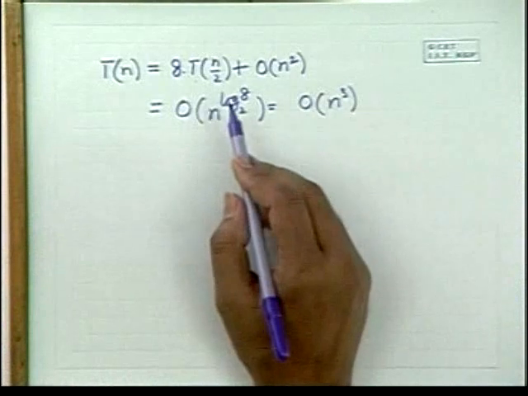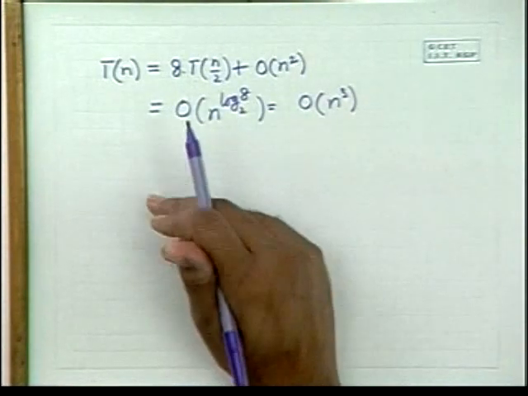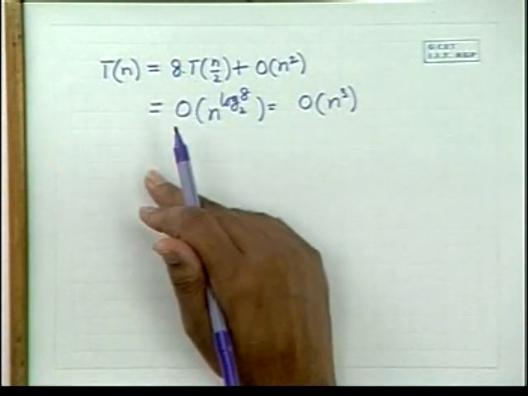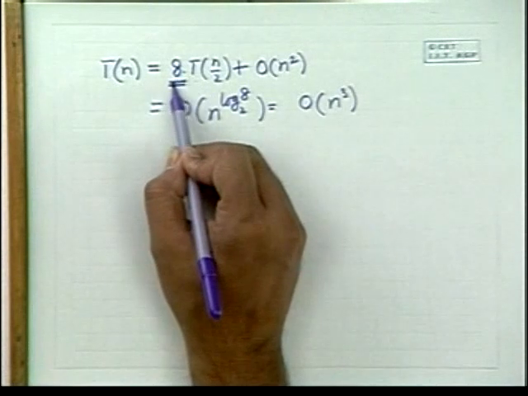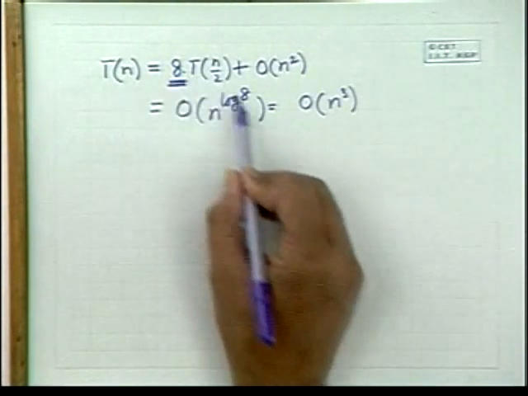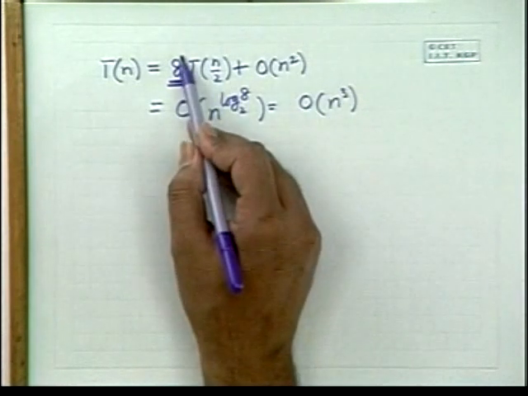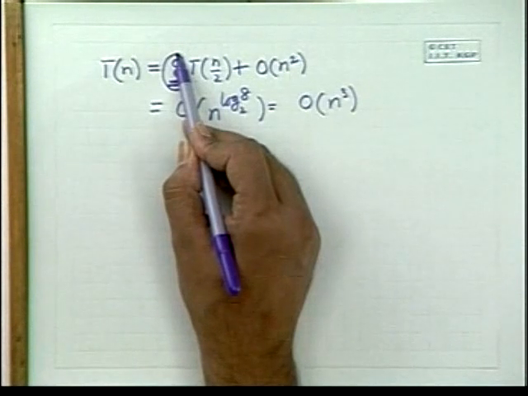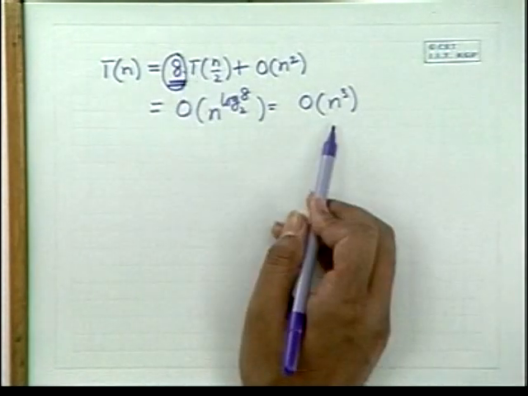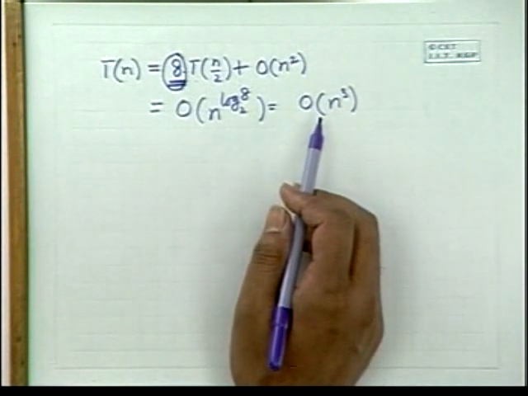But this has told us that at least we can use the divide and conquer paradigm for matrix multiplication. The only problem is that the number of multiplications is 8 here, and that is causing this to blow up to n cube. But if we can reduce this quantity 8 to any number less than 8, then we will save the time complexity immediately, and that will be our goal now.